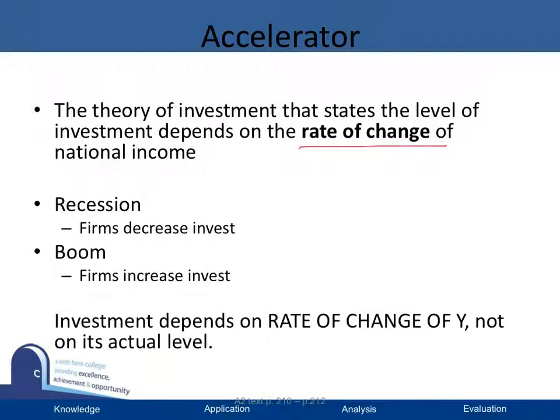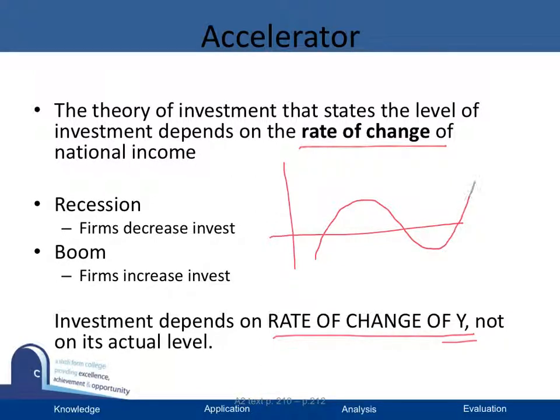So in a recession, firms tend to decrease their investment. In a boom, firms tend to increase their investment. But the important thing is that's happening as a result of the rate of change of income, not the total level. So changes in business investment can often be the factor, if you're coming out of a recession, that kicks the economy back in an upward direction over time.